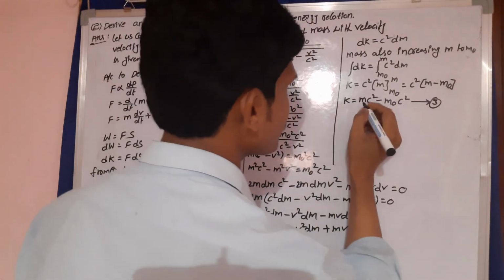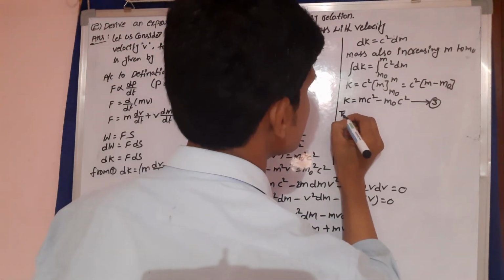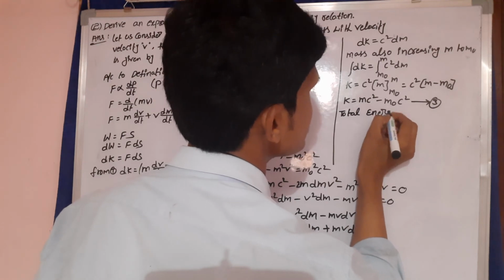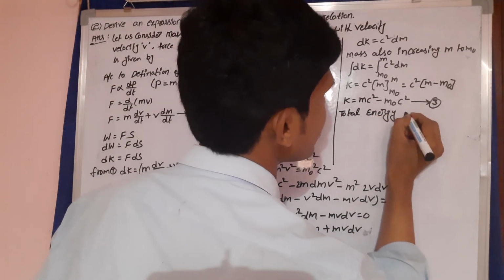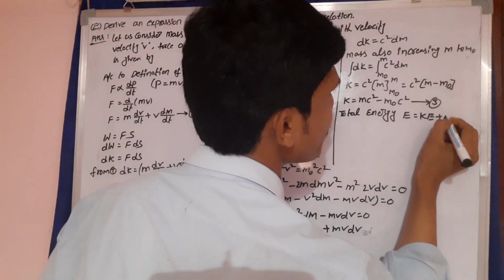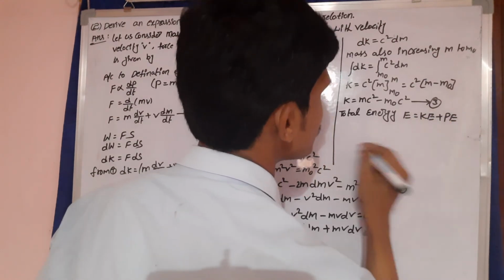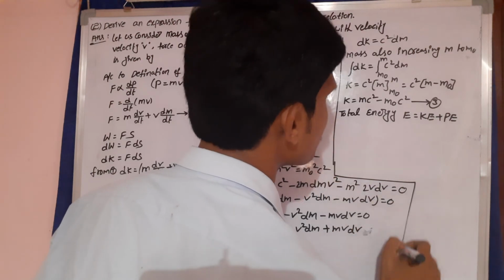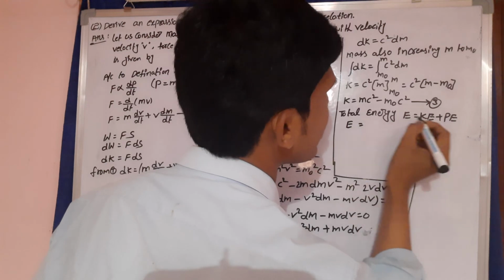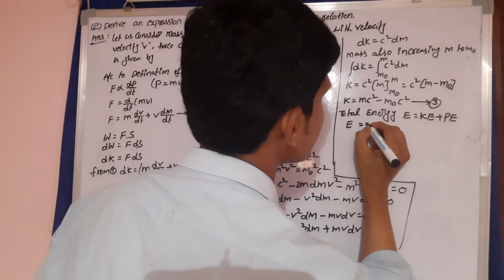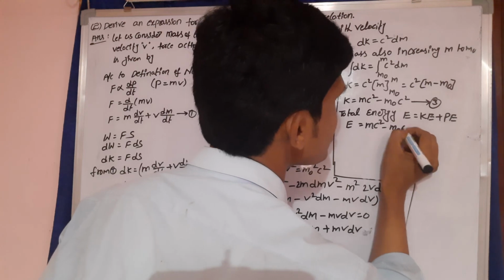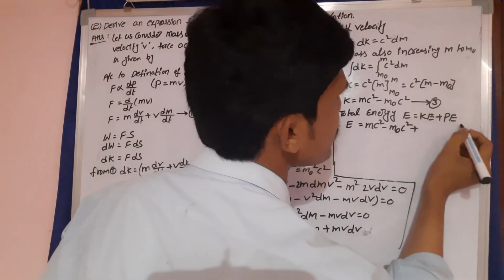Next, total energy E equals KE plus PE. Kinetic energy means mc square minus m naught c square, plus potential energy.